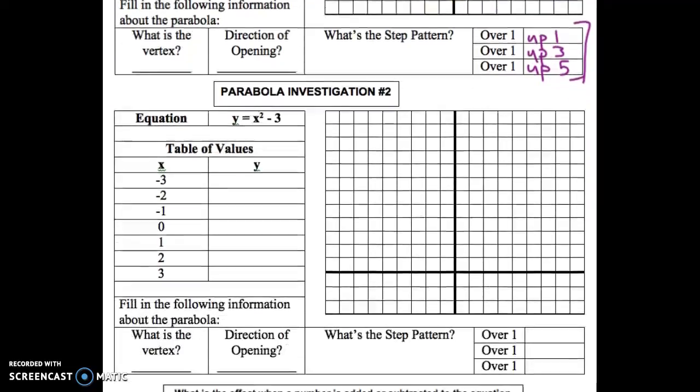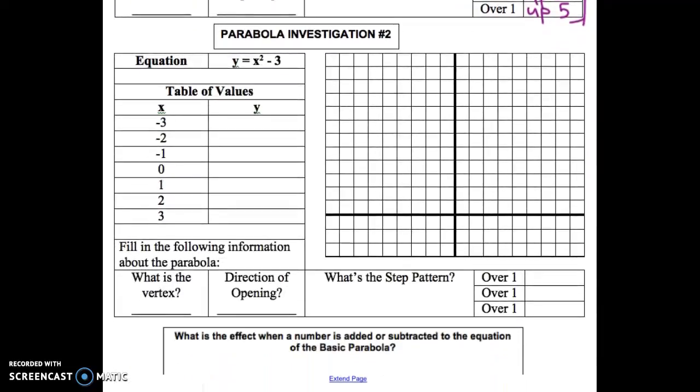So if you would now, try parabola investigation number 2 on your own. Try, if you would, to find the vertex based off of the function that it gives you. Once you have the vertex, try to use the step pattern. When you've done all of that, please raise your hand and I will come check your work.